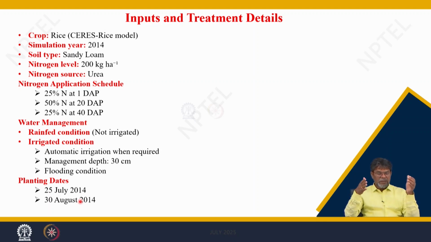You can see, if the planting date changes, for the rain fed and the irrigated conditions, how the yield responds to the change in weather parameters and the change in water management.